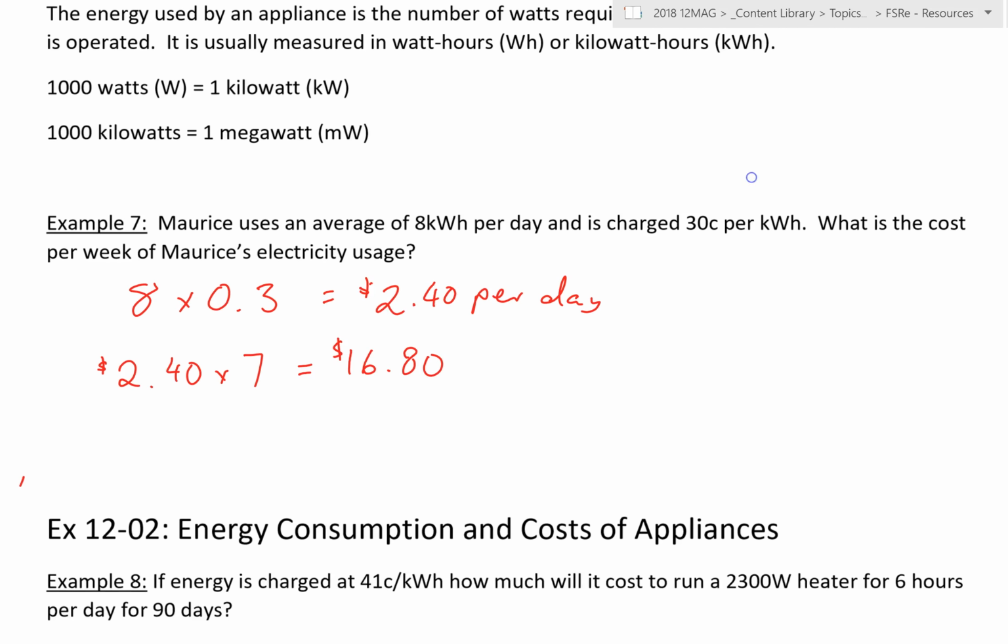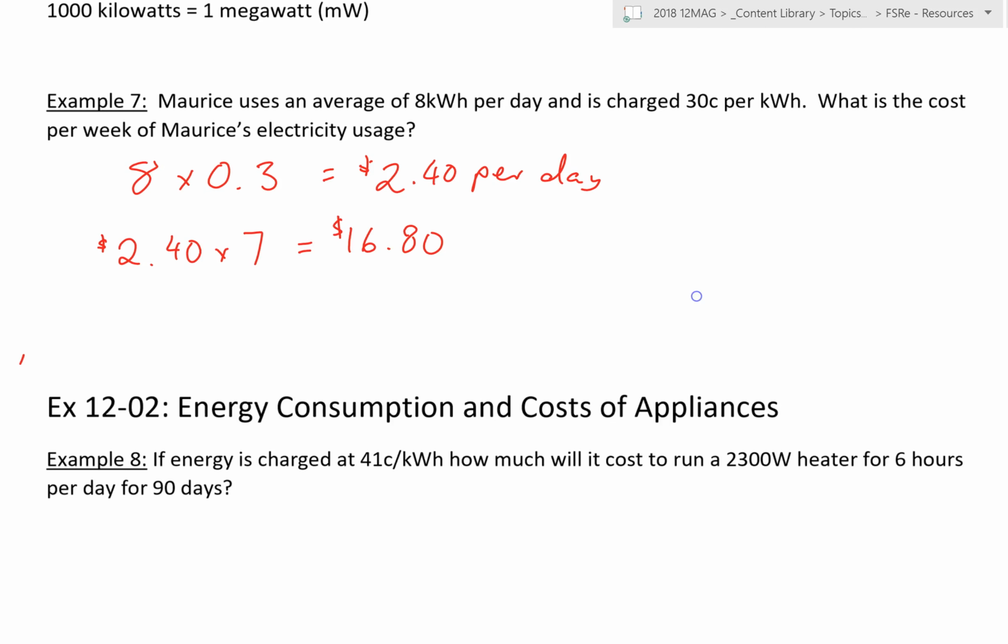Now, let's move along here. We're going to push into exercise 1202 because much of that exercise is about reading bills, interpreting information, graphs and whatever else. But in terms of new skills, knowledge, understanding that you need to pick up, this idea of watts and kilowatt hours is important.